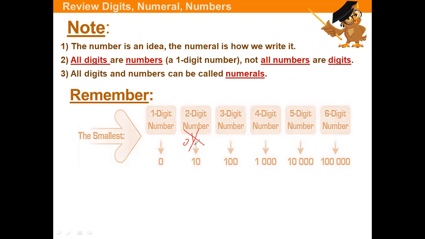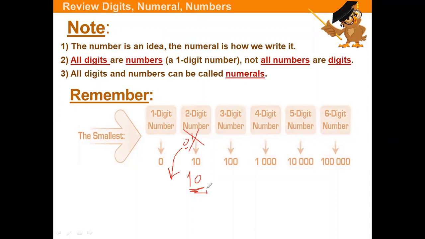Wrong. When I read this number, I will read it as 1. So 1 is a one-digit number. What about the 0? The 0 will go down, so that means there is no meaning for the 0. So I will write 1 and I will put a 0. This is very important.